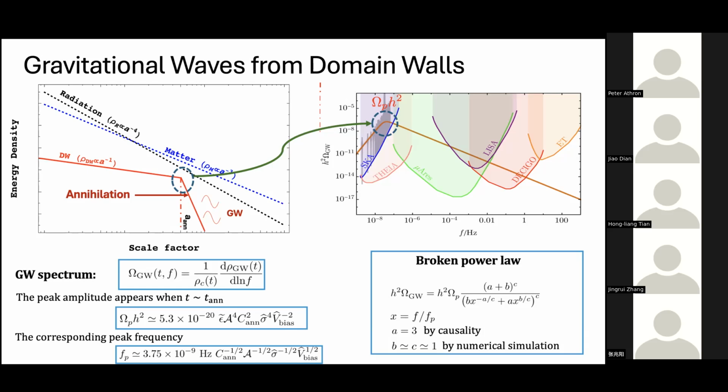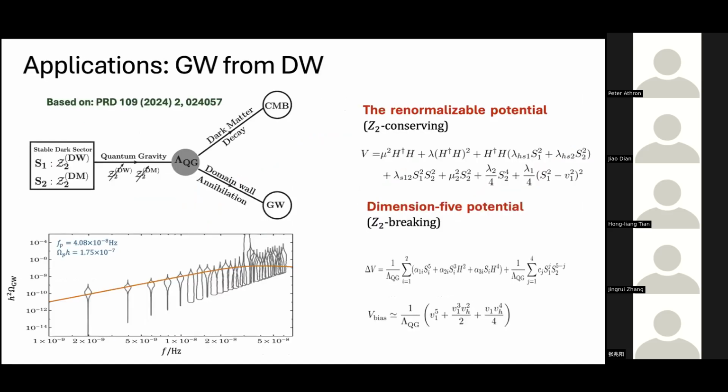Now we can think about its application. So we did a recent work where we tried to see how the gravitational waves generated from a domain wall can help us in constraining the scale of quantum gravity. The idea was fairly simple. We used the most well-known swampland conjecture, which says that no global symmetry is exact.